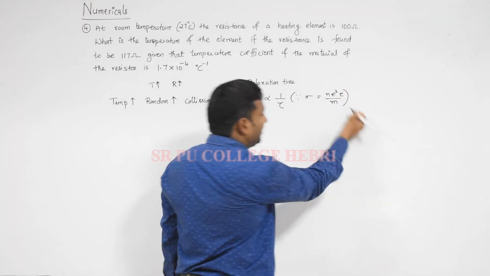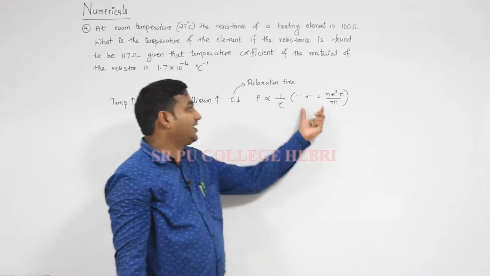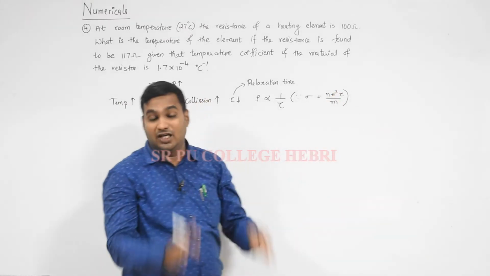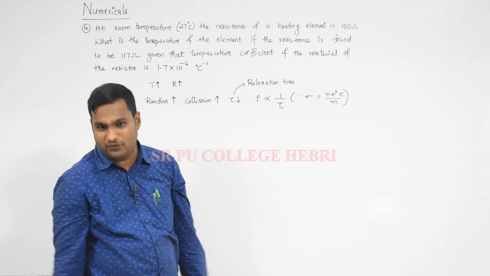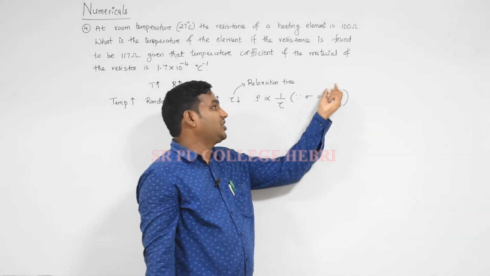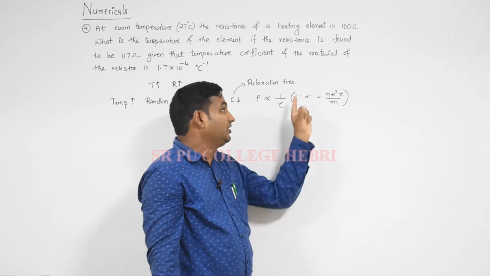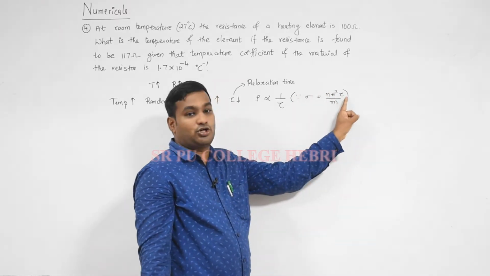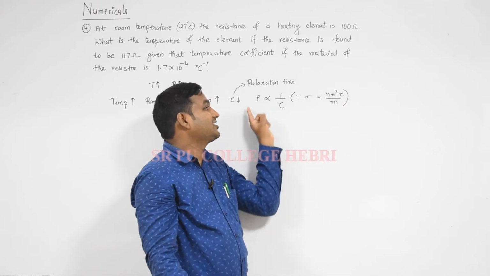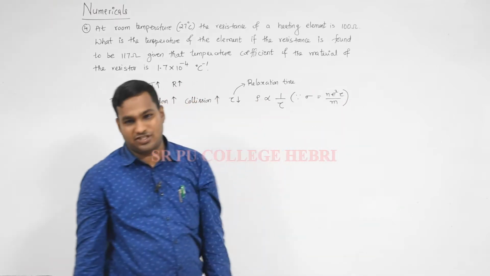This is the formula for electrical conductivity; I did a derivation for that in previous videos. Here conductivity is directly proportional to relaxation time. That clearly indicates that resistivity is inversely proportional to relaxation time.